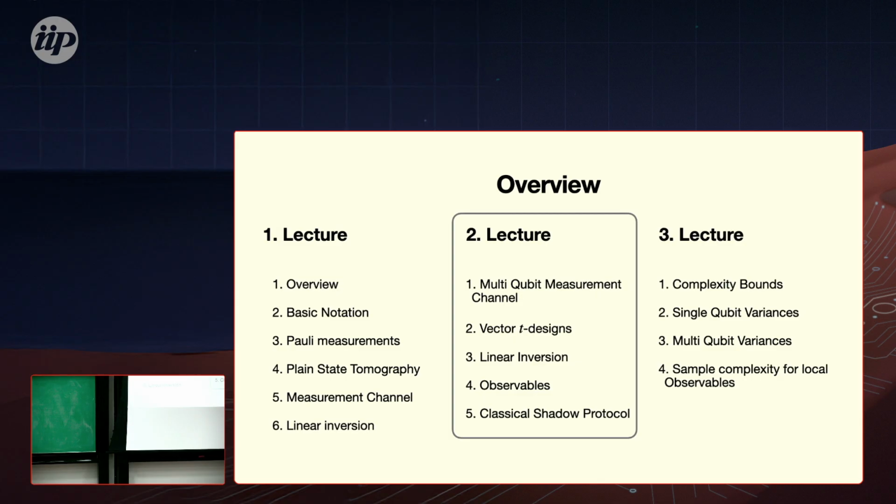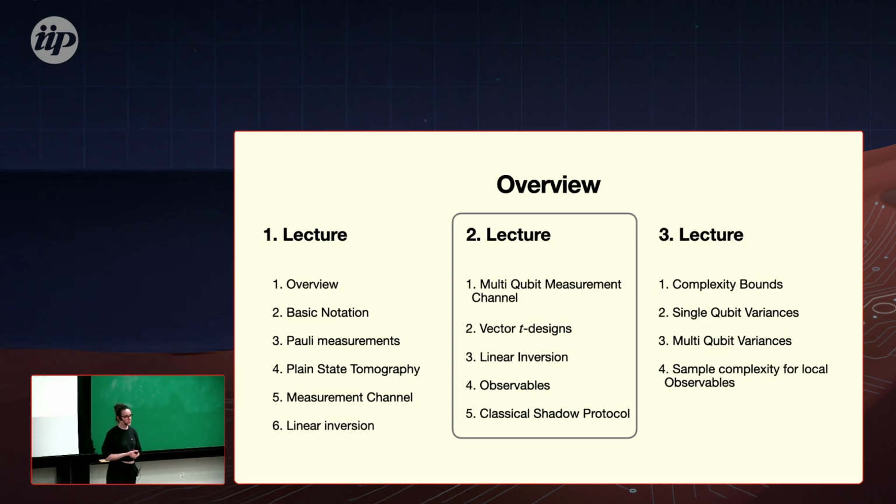Namely, it scales exponentially with the number of qubits, meaning that it's not very suitable to learn physical properties of our quantum state with full state tomography. Then we took a step back and asked: before we calculate expectation values of Paulis, what is actually happening in these measurements, and what happens when we average over that? And we saw that it's actually just the depolarizing channel for the single qubit version, and that we can very easily invert that.